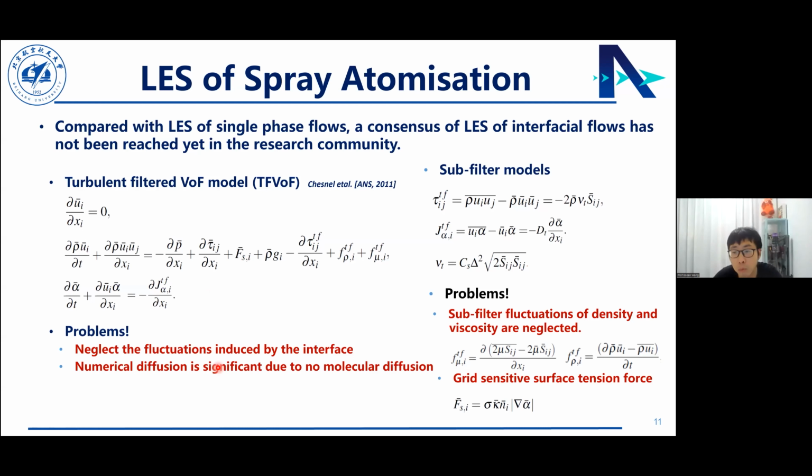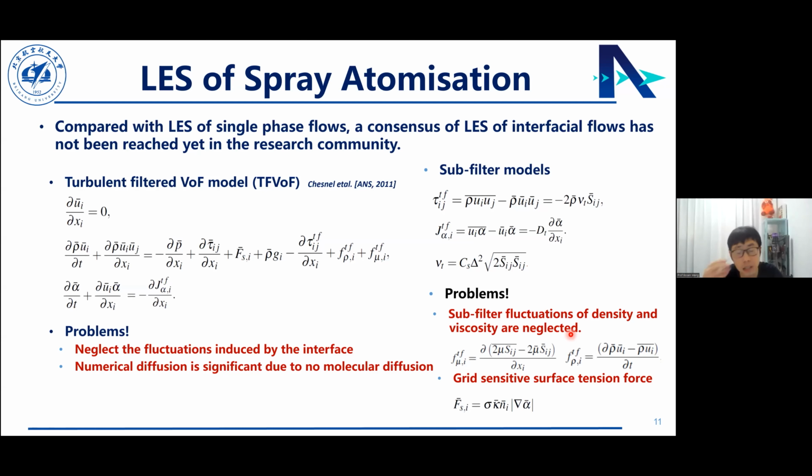I don't know why. But this problem can be avoided by density filtering. And another problem is the grid sensitivity of the surface tension force. They just use the resolved value to model the surface tension force.